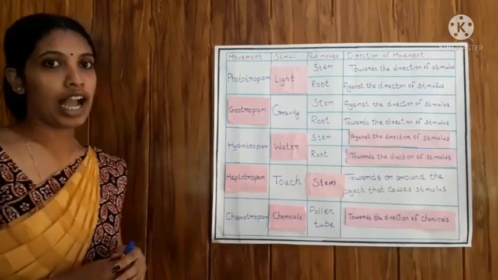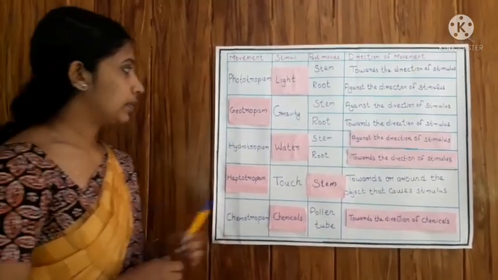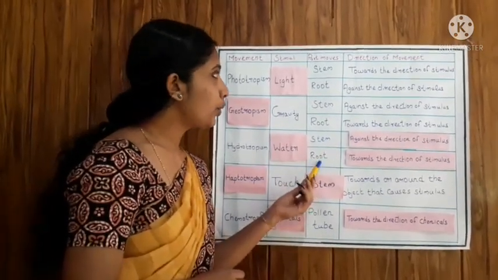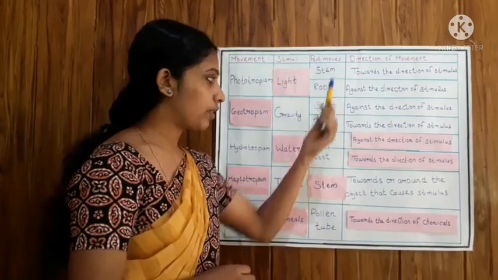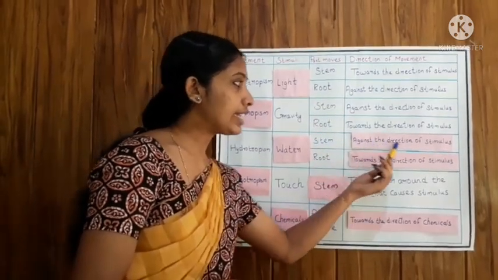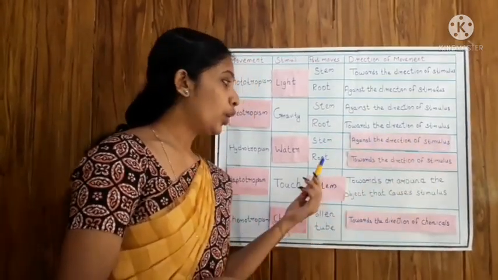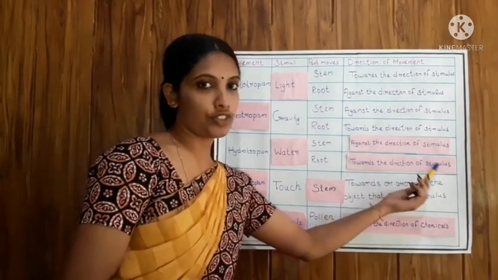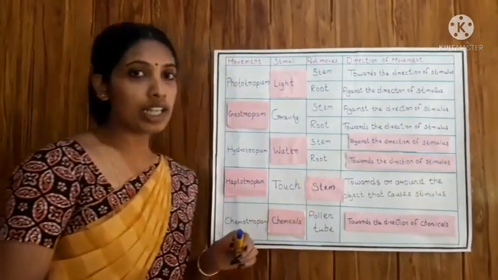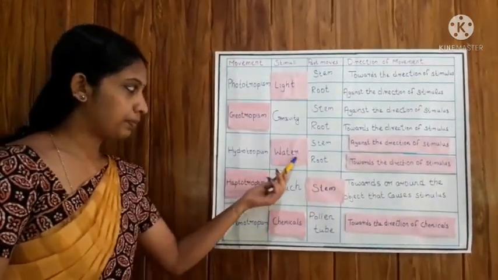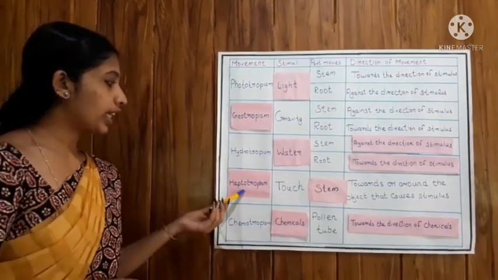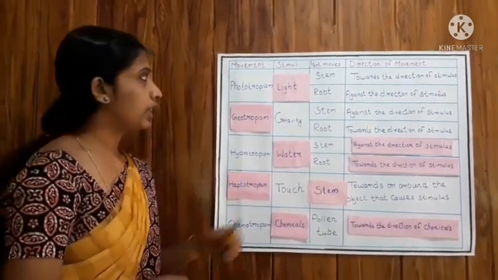Third one is about hydrotropism. Stem, root are the plant parts that move. Stem grows against the direction of stimulus. Root grows towards the direction of stimulus. Here the stimulus is water. Fourth one is haptotropism.